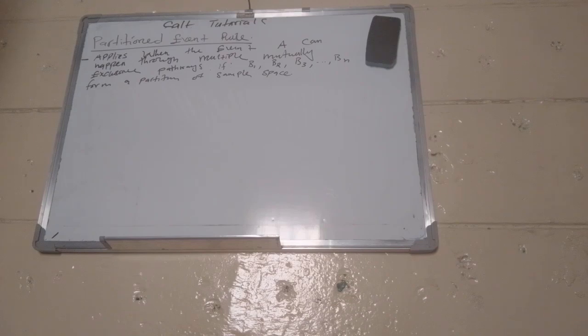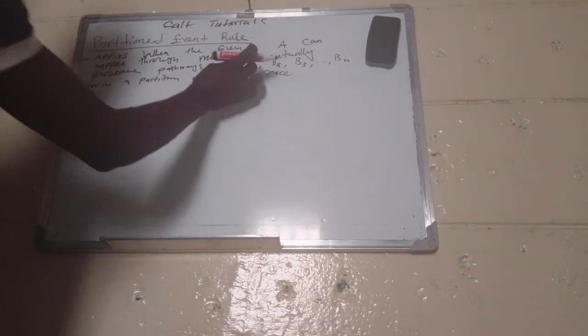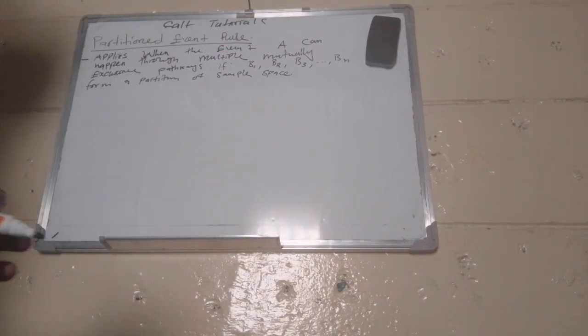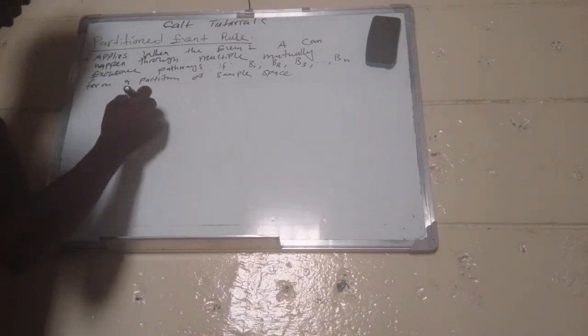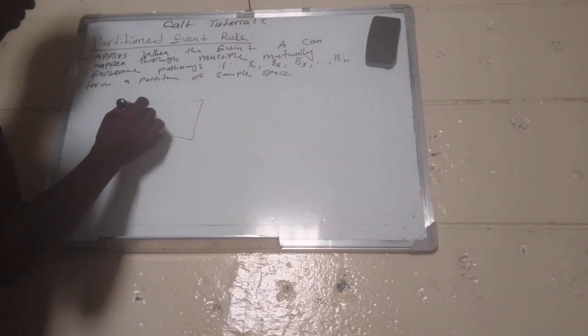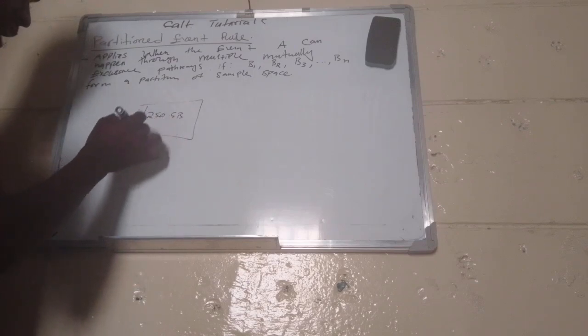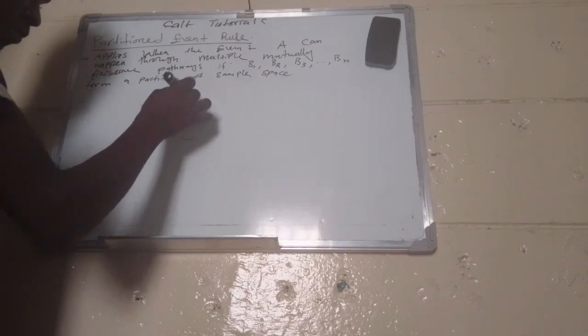So if we're talking about B1, B2, up to Bn, these are partitions which form up a sample space. So the whole total sample space has been divided into these partitions. If we're looking at the hard drive of 250 GB, this 250 GB has been divided into partitions.